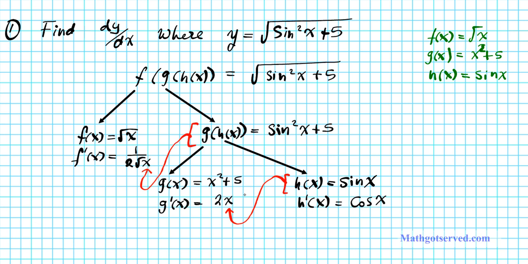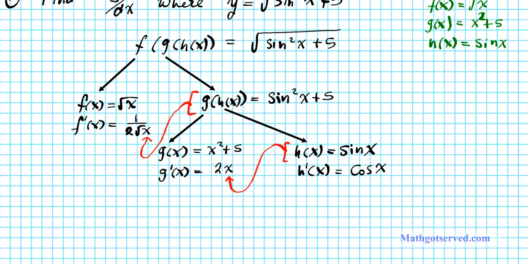All right, now let's go ahead and write down the formula again so that we can accurately apply this result we have to this problem. So the formula is the derivative of f of g of h of x.